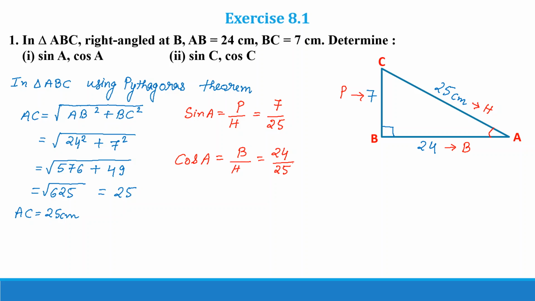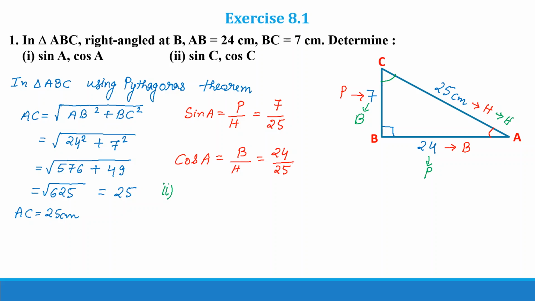In continuation with this, if we go for the second part, now we need to consider angle C. So for angle C, the side opposite to angle C will be taken as perpendicular, the adjacent side will be taken as base, and the hypotenuse remains as it is.